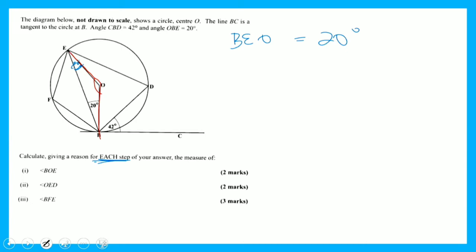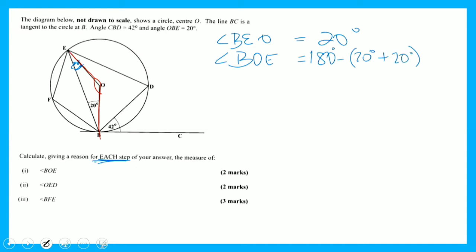All right, and then you show now that since you know BEO, you can tell what angle BOE is going to be. And that is going to be the remainder from 180 when we take out both 20 degrees.